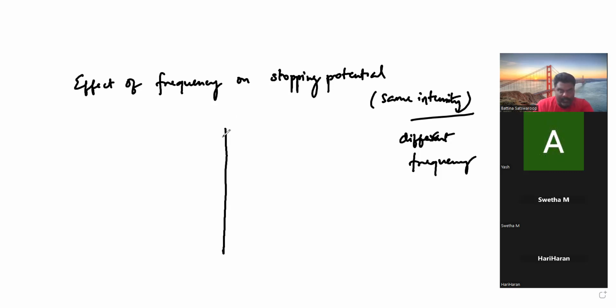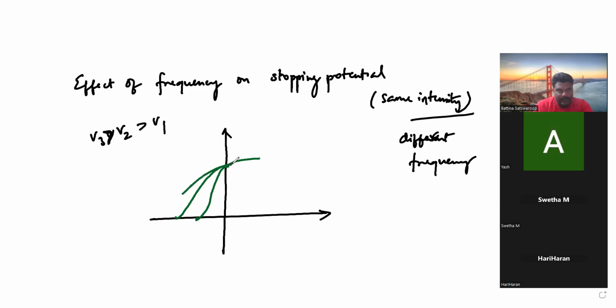So photo current and you will take cathode potential, right? So V3 is greater than V2 is greater than V1 and எடுத்துக்கிட்டீங்கன்னா எப்படி இருக்கும்? Same intensity னு சொல்லிட்டாங்க, right? என்ன ஆகும் அப்போ? இது ஒரு பாயிண்ட் எடுத்துக்கிட்டீங்கன்னா இப்படி வரும், இப்படி வரும், right? V03, V02, V01, right?